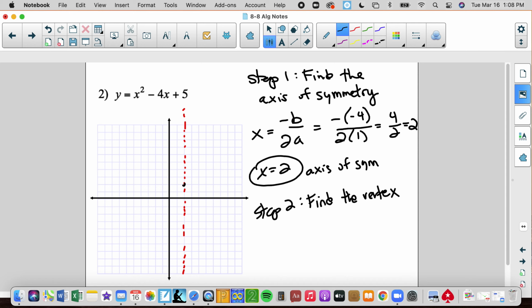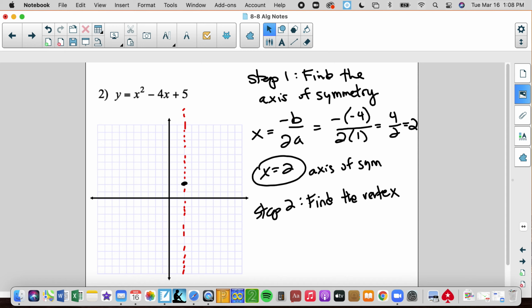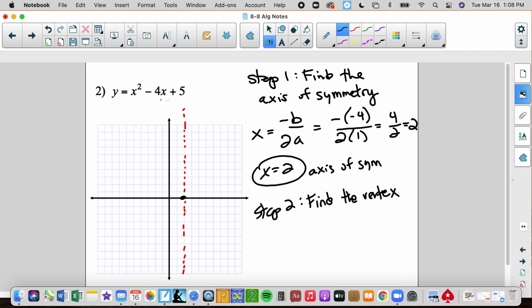So remember that the vertex, the bottom or the top, is going to be somewhere on this axis of symmetry. So I know that this x value represents the x part of my coordinate. So I need to plug it into this equation. So I would get y equals, no parentheses needed, 2 squared minus 4 times 2 plus 5.